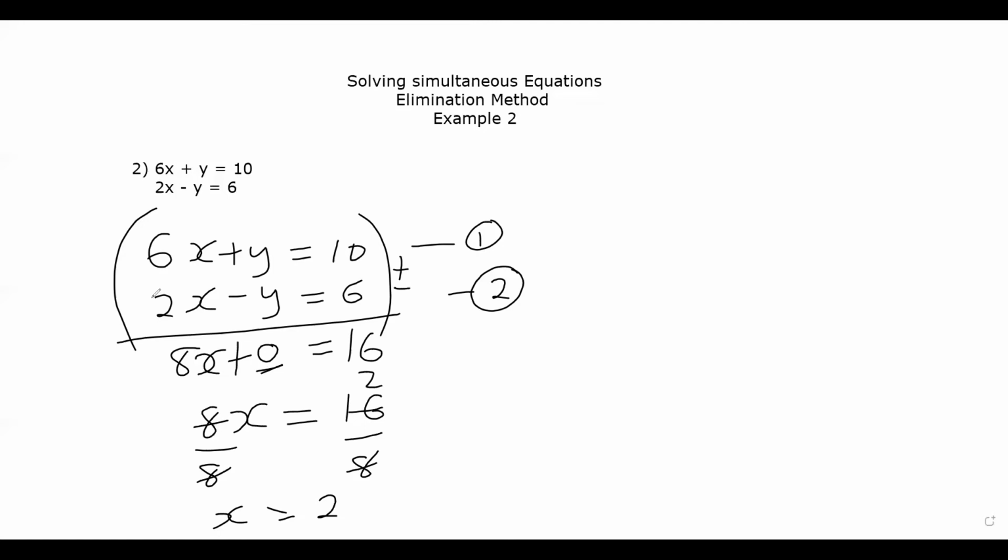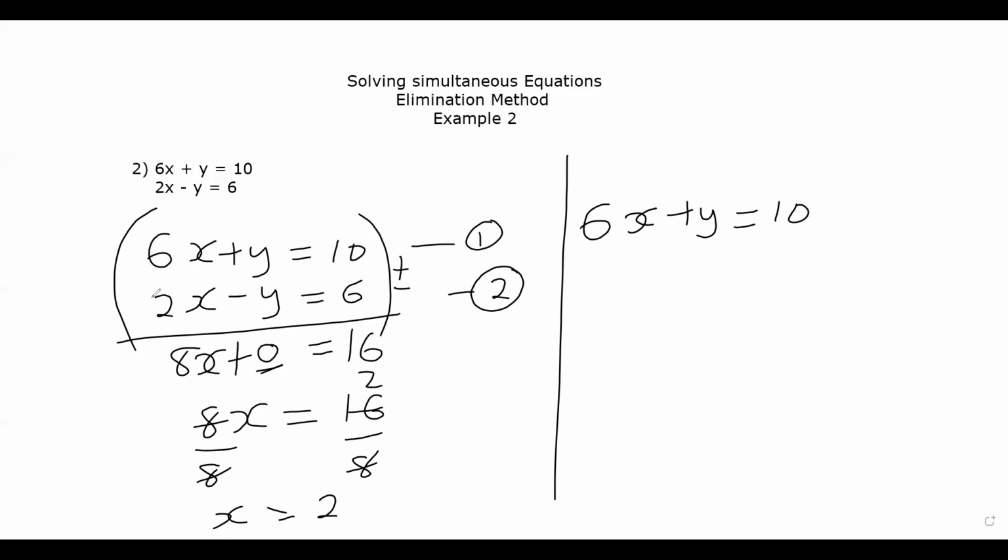Now we've found the value of x, and we are going to find the value of y. Remember, once you get the value of x, finding the value of y is very easy, because you just need to take the value of x and substitute into either of the equations. This time I'll use the first equation, 6x plus y equals 10.